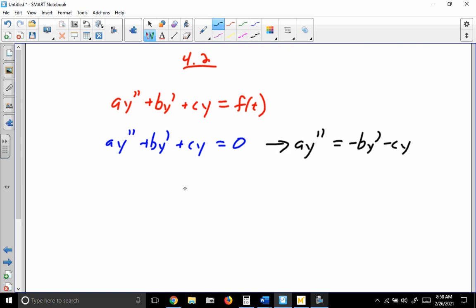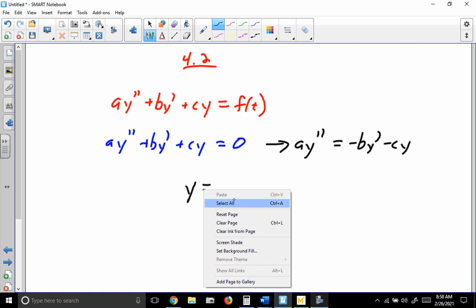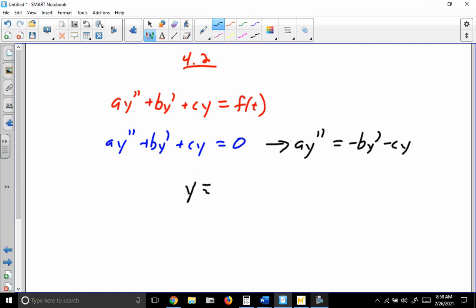So what our solution is going to look like is in the form y equals e to the at. Remember, the derivative of e to the x is just e to the x. So we're not changing degree or anything like that when we take the derivative of those.